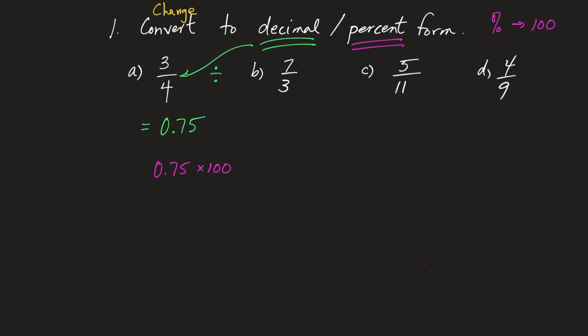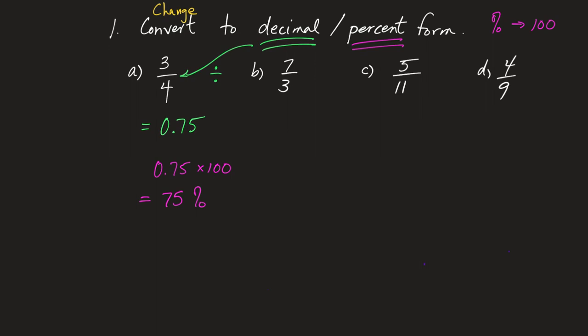Since all percentages are out of 100, I want to multiply that by 100. And I get 75%. However, I have to be honest with you, if I'm finding a percent, I don't multiply that one by 100. I use my place value.